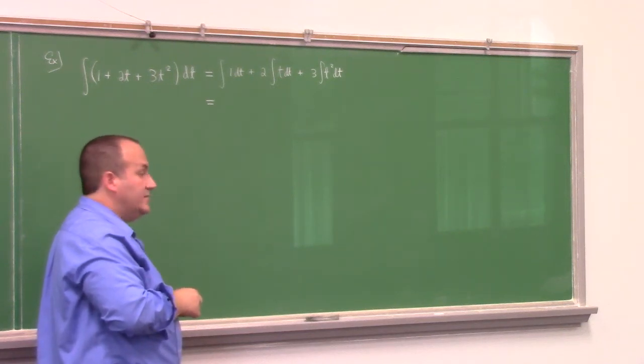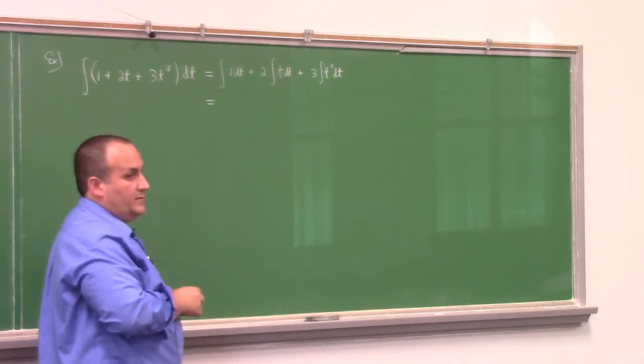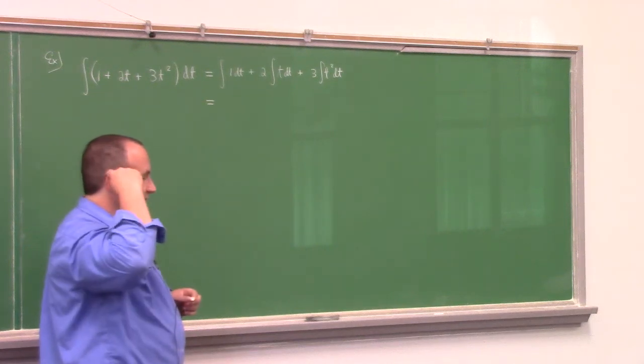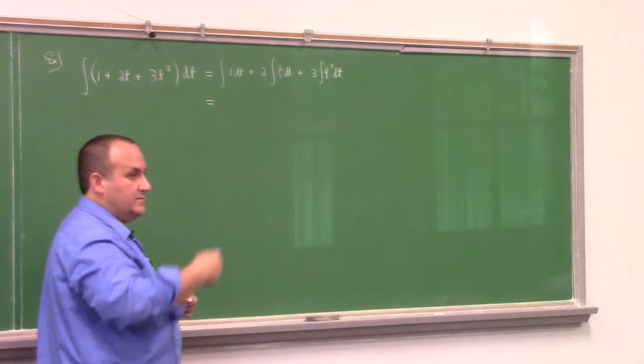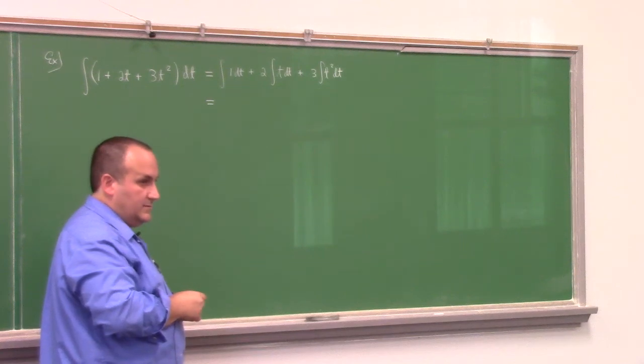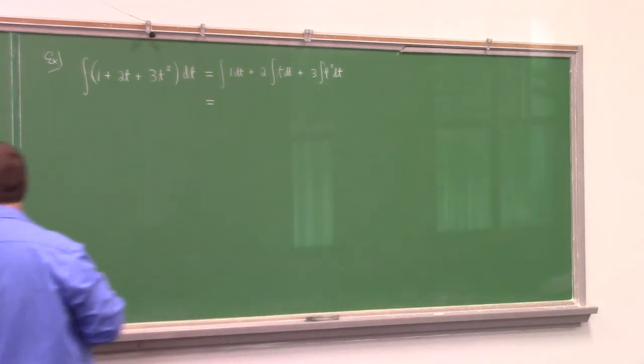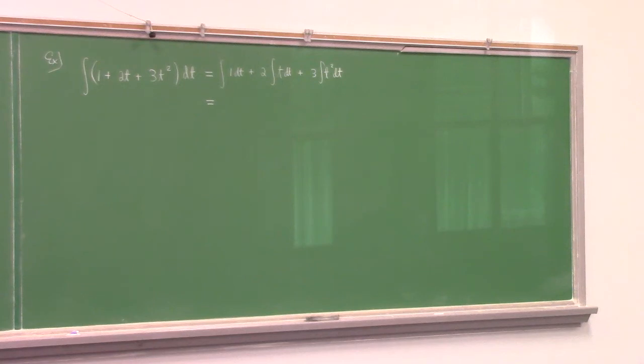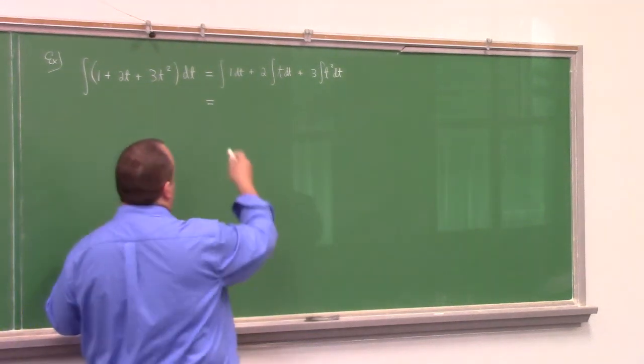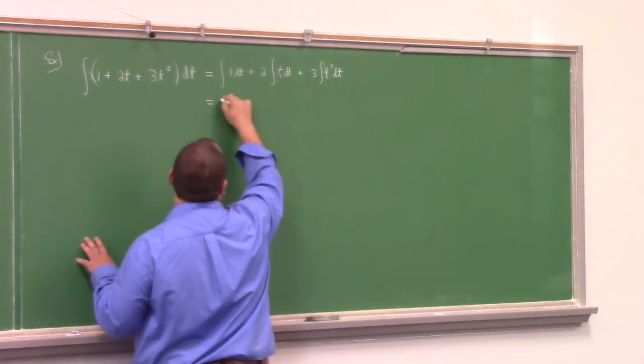The question is, what function can we differentiate and get 1? Yeah, it's this one here. The integral of 1 is x plus c. You could write that as the integral of dx is x plus a constant, if you like. In the letter t, this is t plus, let's say, c1.